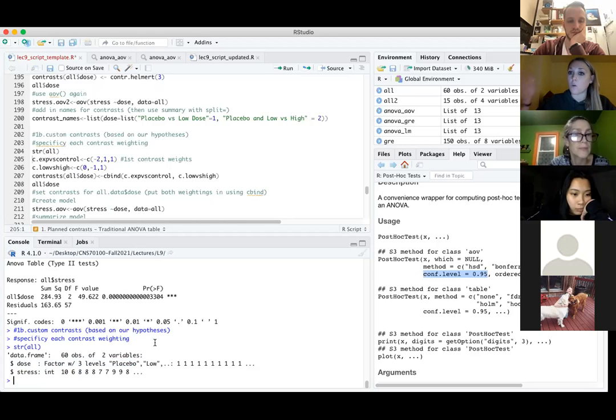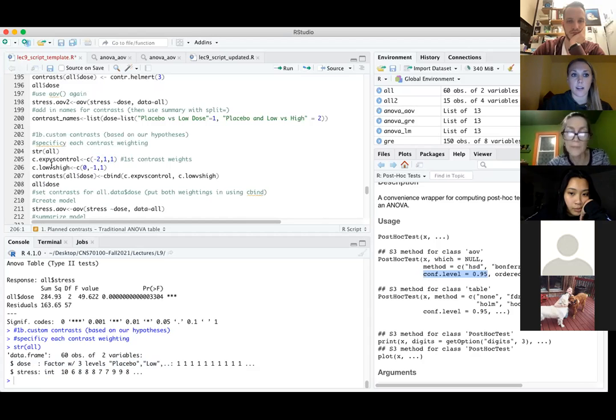So now that I know what order they're in, because the order matters, because that's the order these go in: placebo, low, high. If your factors are in different orders, then you would have to move these numbers around. So if they were listed as low, high, placebo, for example, but they're in this order, placebo, low, high, we're going to do -2, 1, and 1. So this is going to compare this one to the combination of these two, low and high.